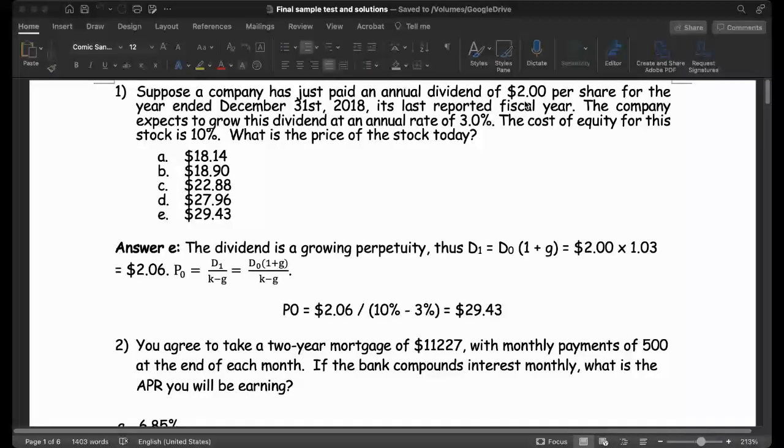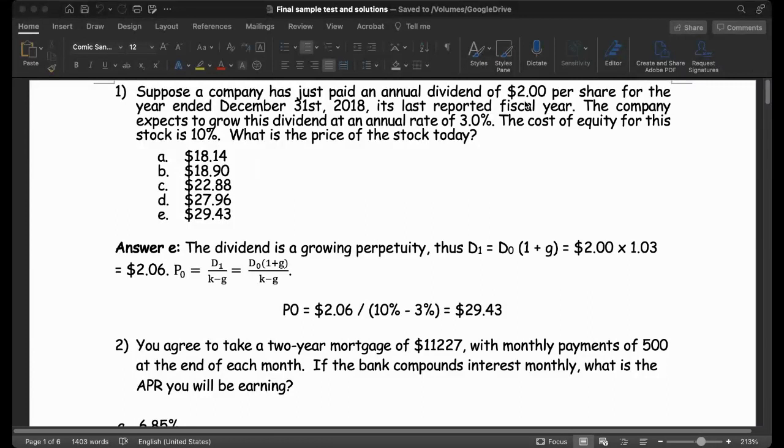So that's going to be D0. It's not going to be included in the dividend discount model, but we need to use this D0 to calculate D1. And we need to discount all the dividends starting from D1, D2 to D infinity.